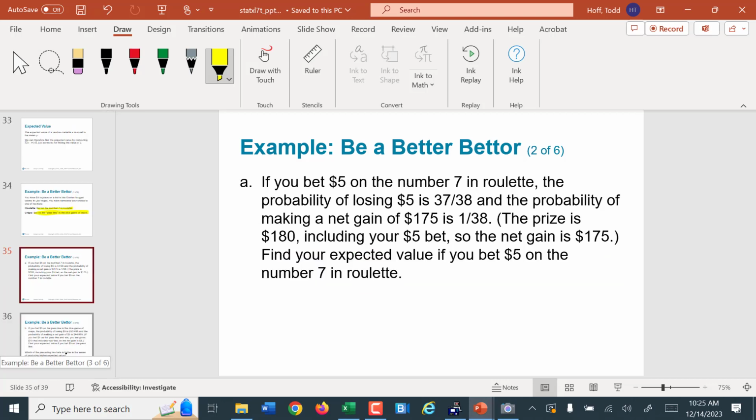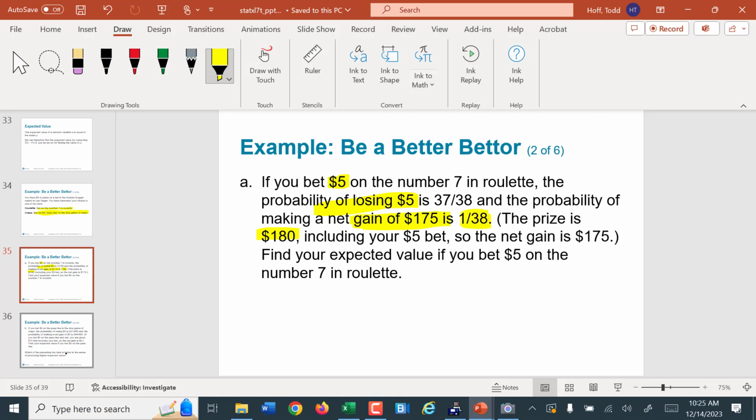So in roulette, there are 38 possible numbers. Betting a 7, well, that's only 1 out of the 38 possible numbers. If you win, you get $180. Well, remember, we paid $5. So if you lose, you've lost $5. If you win, you've gained $175. The chances of gaining the $175 is only 1 out of 38.